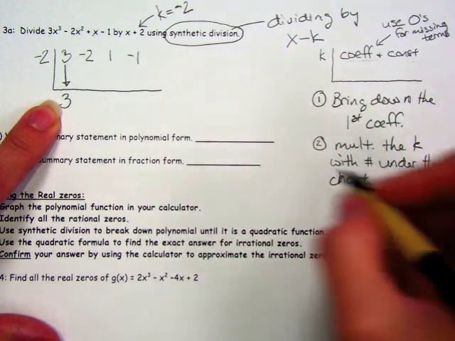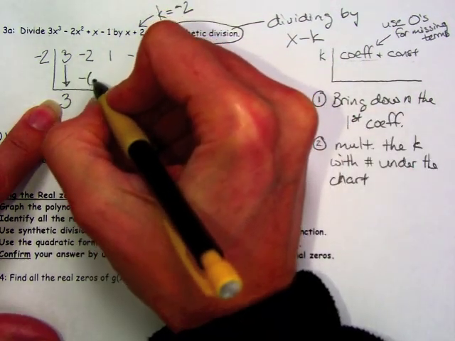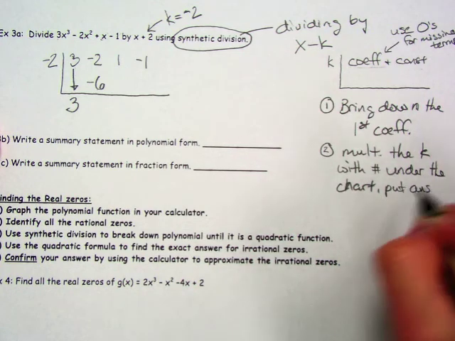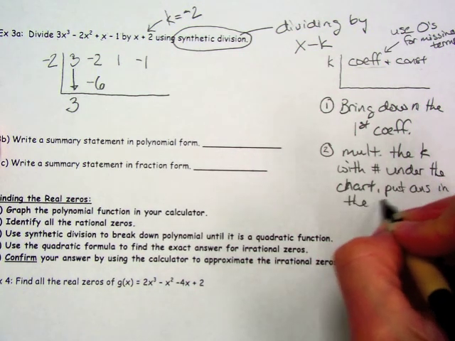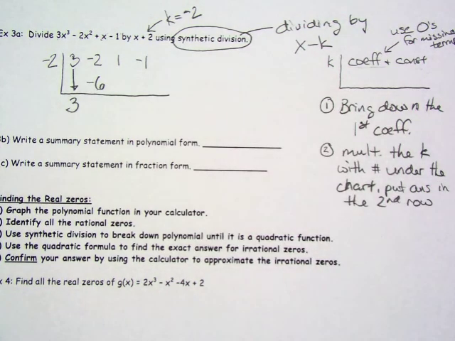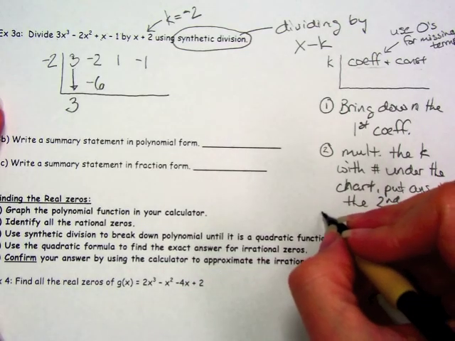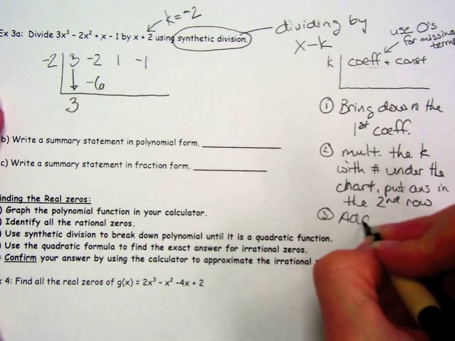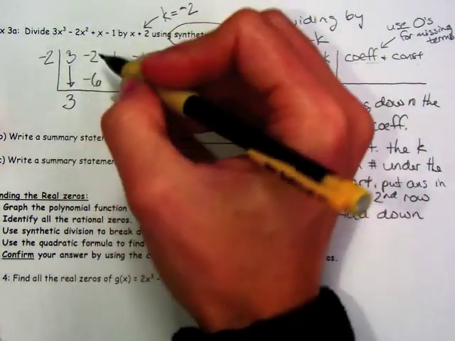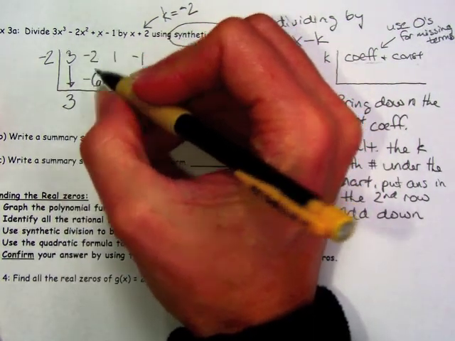Put that answer in the second row. Then we add down. So negative 2 plus negative 6 is negative 8.